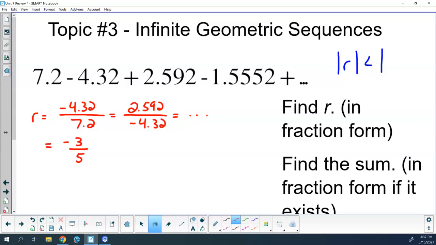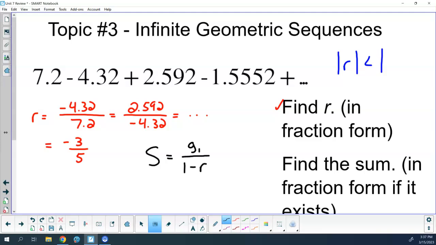So there, we found r. Negative 3/5 is a fraction with an absolute value that is smaller than 1, so we can find the sum. The sum of the infinite geometric sequence is going to be my first term divided by 1 minus r.